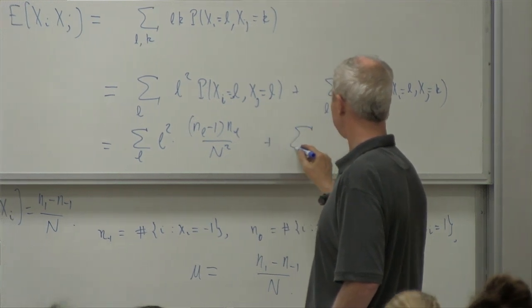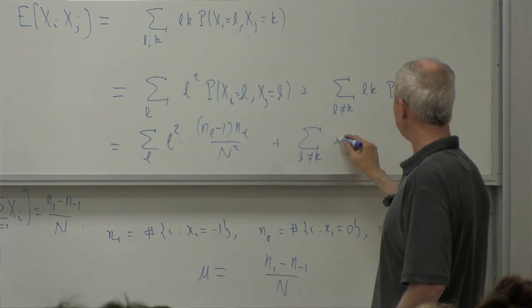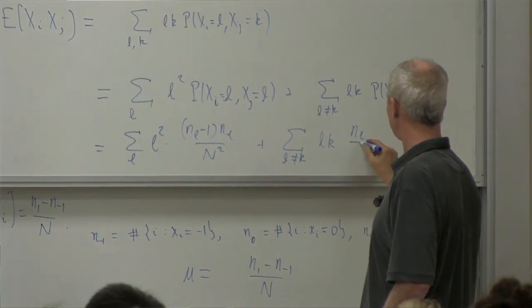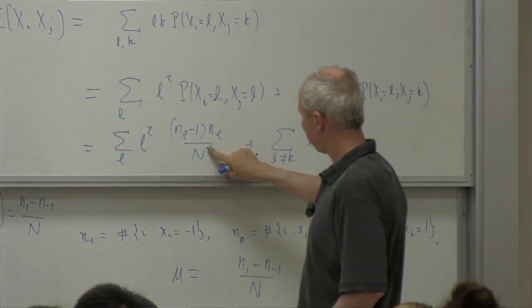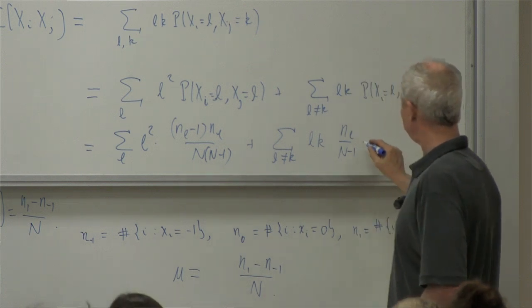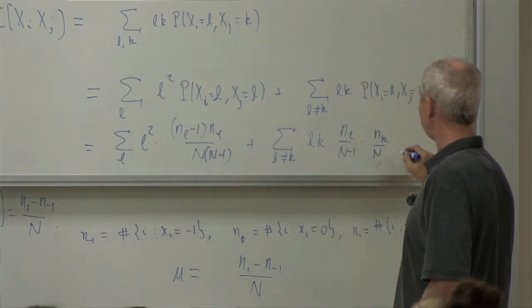And then here we get the sum over L not equal to K of Lk, n sub L over capital N, times n sub K over N minus 1, like that.